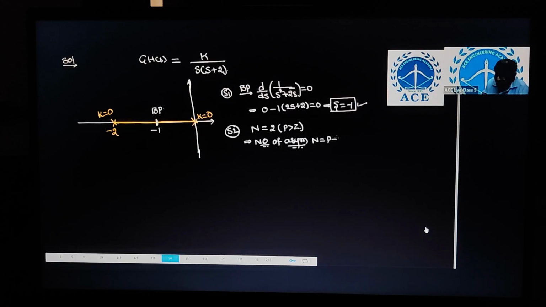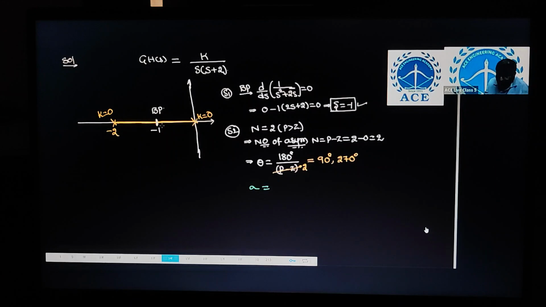Number of asymptotes N equals P minus Z, which is 2 minus 0, so 2. Angle of asymptotes theta equals 180 by (P minus Z) multiplied by an odd number. 180 by 2 is 90, and into 3 means 270 degrees. So 90 and 270.